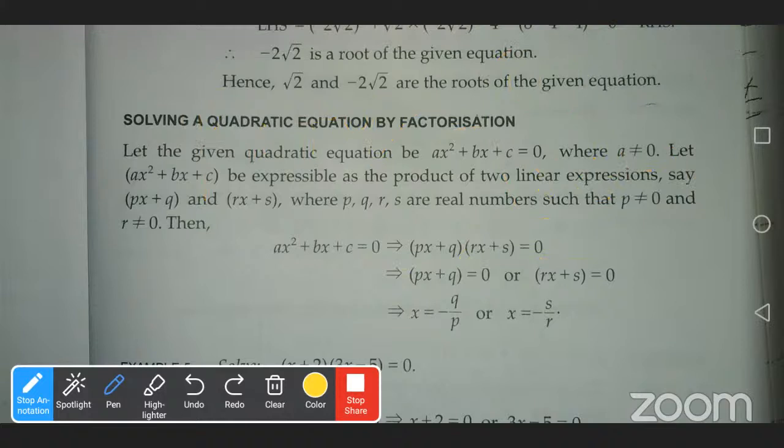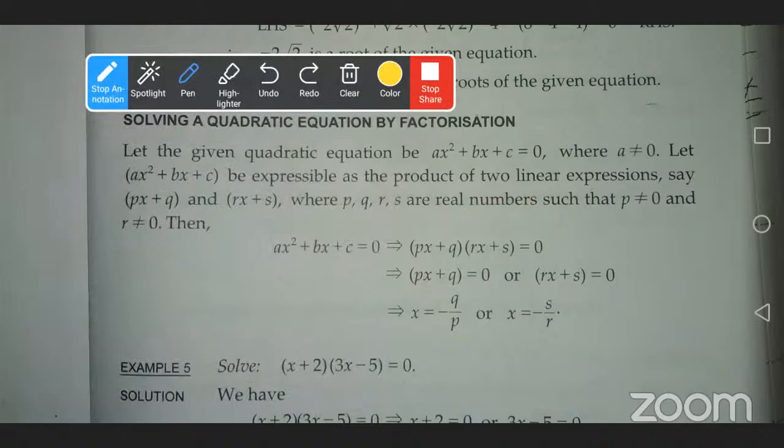So here also px plus q will be 0, or if we put rx plus s and bring this side, it will also be 0. So rx plus s will be 0 only. And from both the equations, we can get the values of x as minus q upon p or minus s upon r.